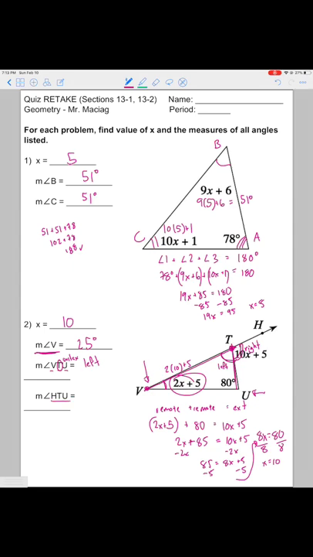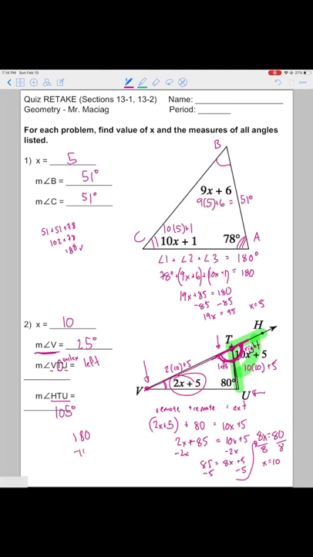If we go to HTU, right, I'm going to change my color. HTU, that's this angle right here. We can plug that in. So 10 times 10 plus 5, that would be 105 degrees. To find this one now, we need to realize that this adds up to 180, the straight line.